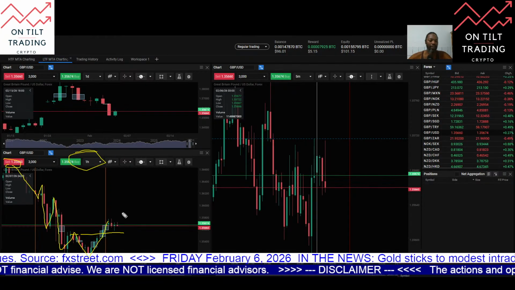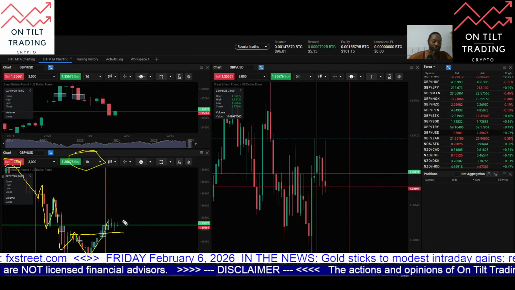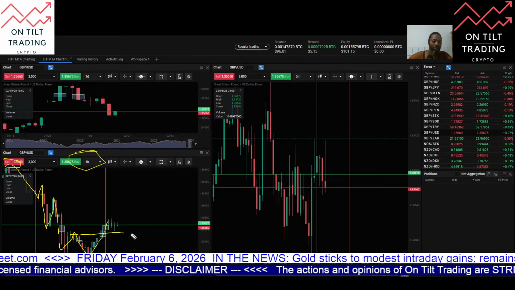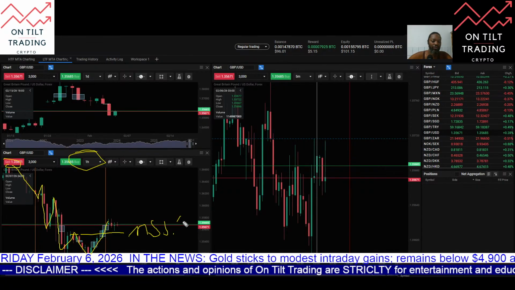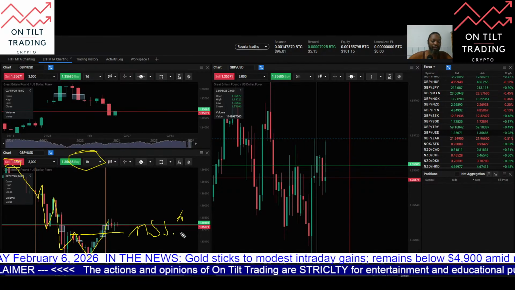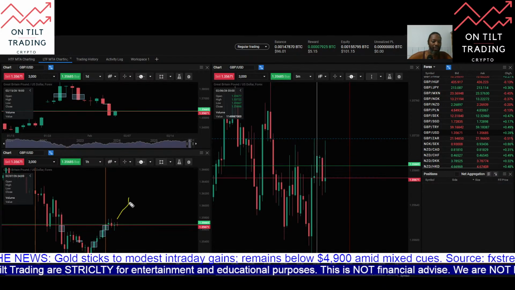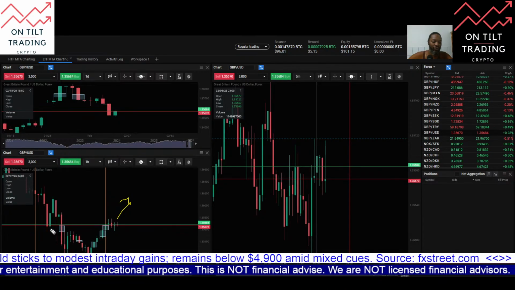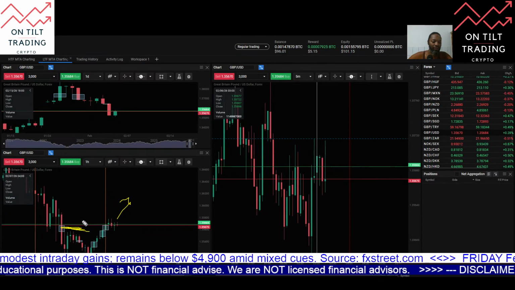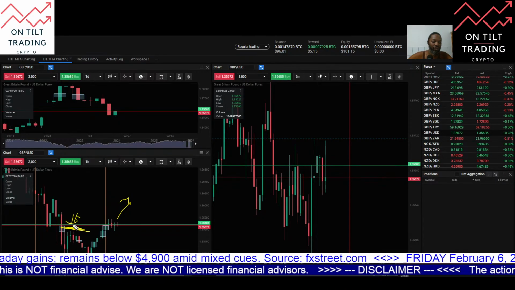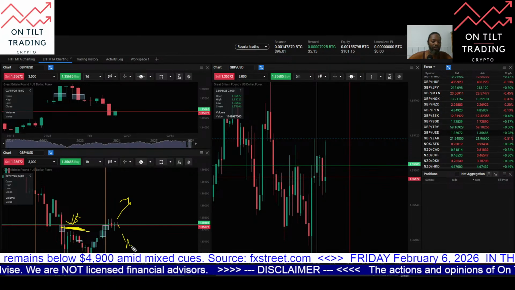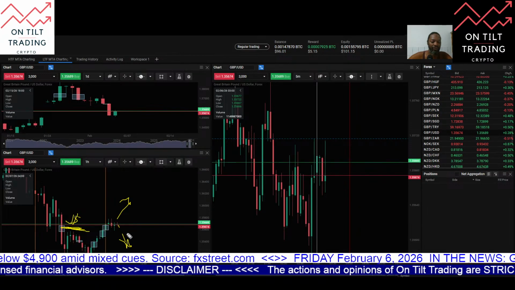So this is either price creating a market structure shift to the buy side, to continue buy side delivery, or this was a sweep of liquidity resting right here and an opportunity for price to redeliver to the sell side.